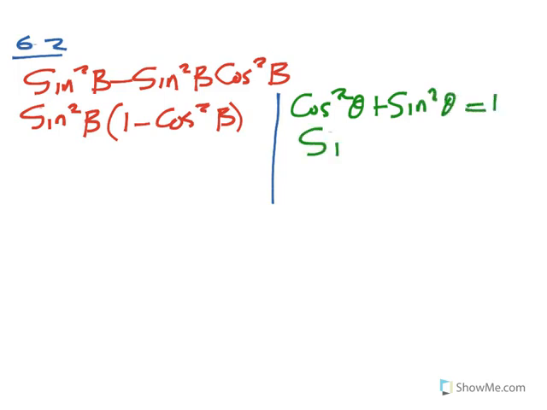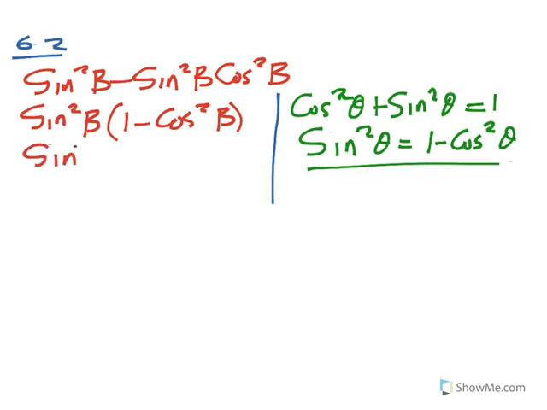So what is sine squared theta? Sine squared theta is equal to 1 minus cos squared theta. The cos jumps to the other side. So using this concept, you will substitute it here again, which means sine squared b multiplied by 1 minus cos squared b, which is similar to another sine squared b.